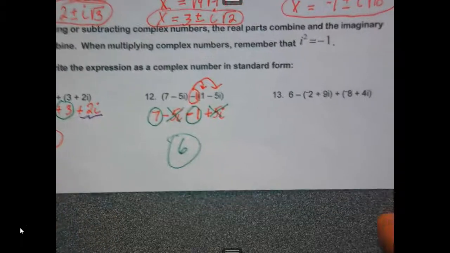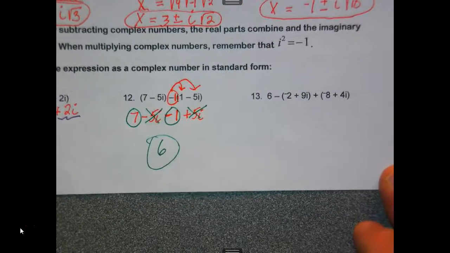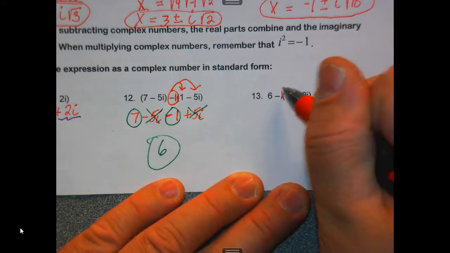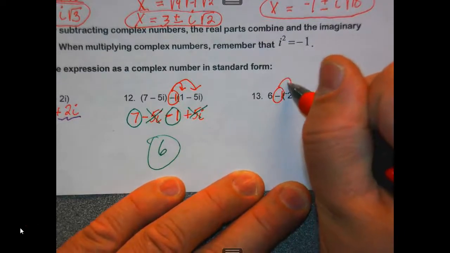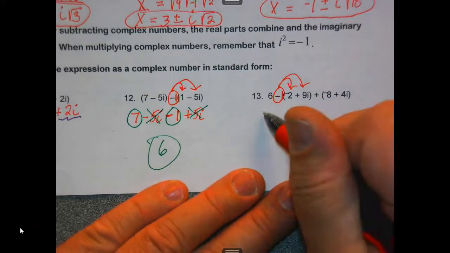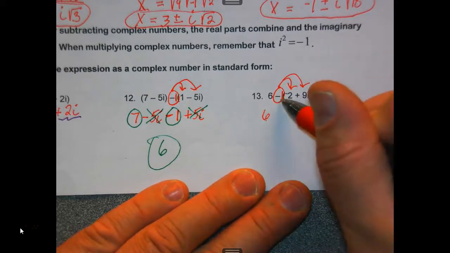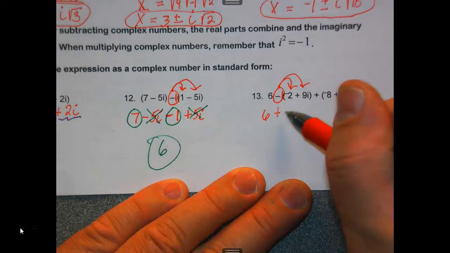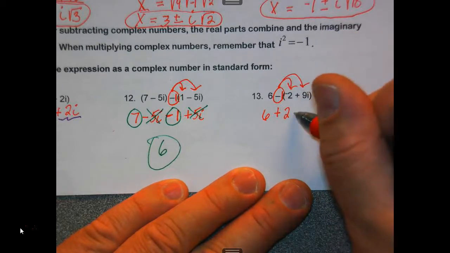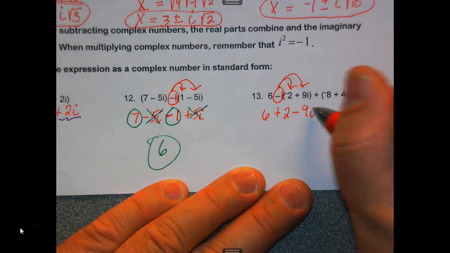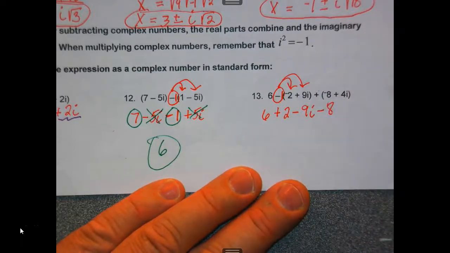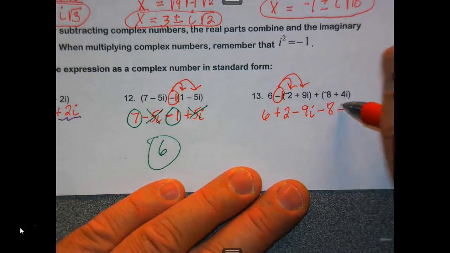Let's see if 13 is funner. Looks funner. Okay, here's a -1, right? I have to distribute. Okay, so I get 6 minus -2 is a +2. Negative times positive 9i is -9i. Plus a -8 is -8 plus 4i.